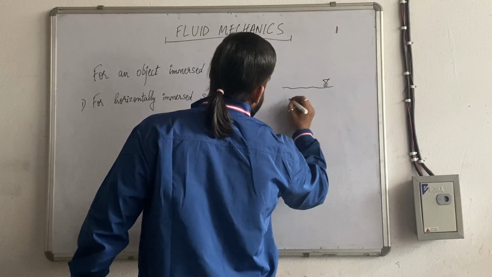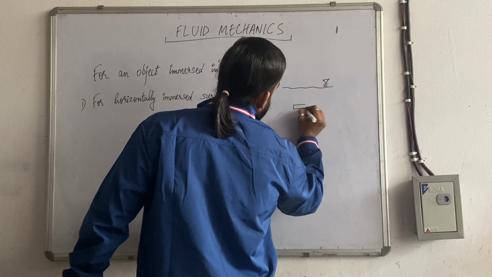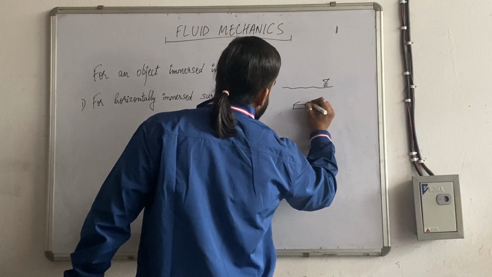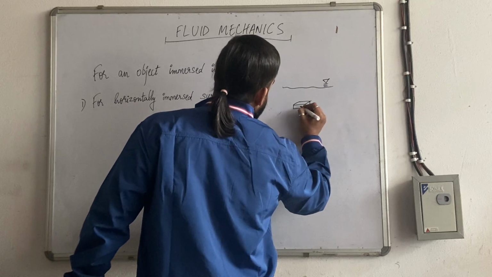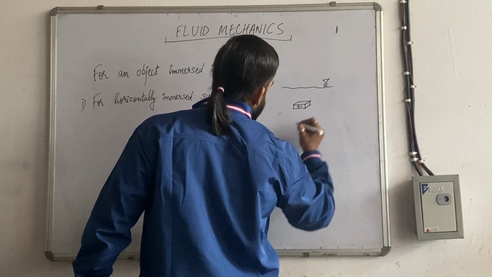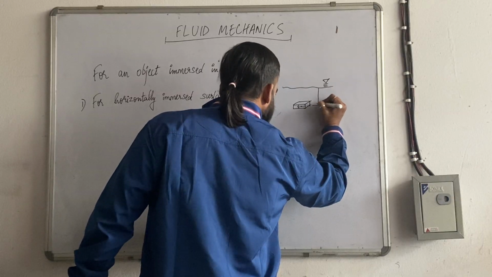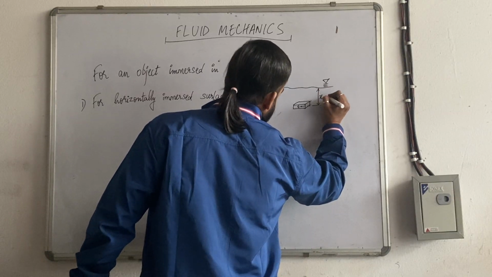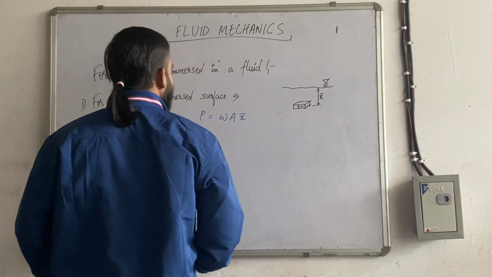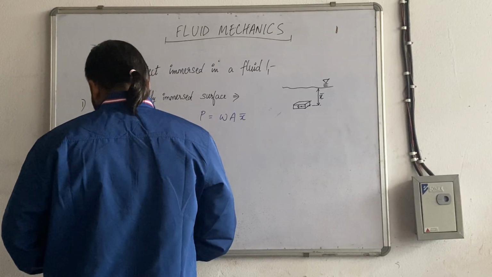This is a free surface, this is an object having some center of gravity G, and this distance from the free surface to the object is known as x bar.